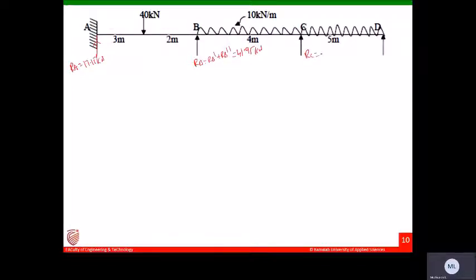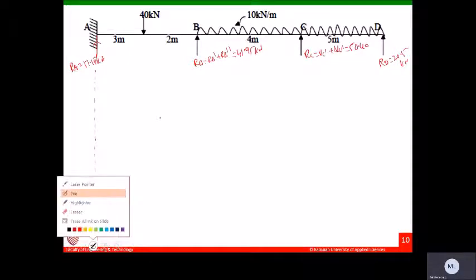This RC we calculated RC dash plus RC double dash, so you got 50.40. RD you got 20.5 kilonewtons. Okay. Now let us show SFD BMD for the given beam.